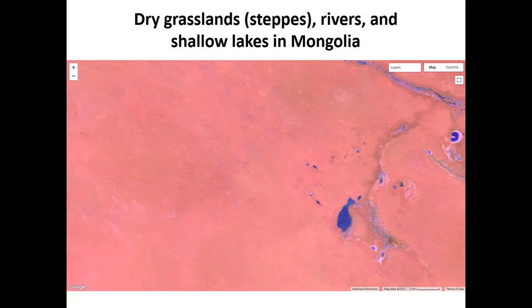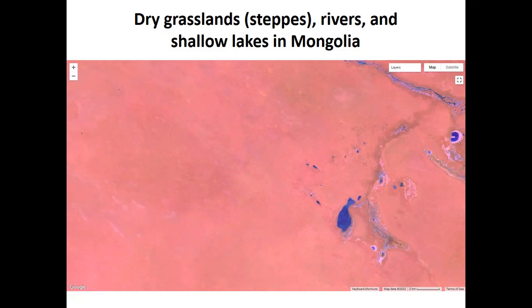But in midsummer, the grasses are so dry that you virtually see no green color here. All these dry grasses look like these reddish shades. And this is not exactly bare ground, but this is the reflection from very dry vegetation.